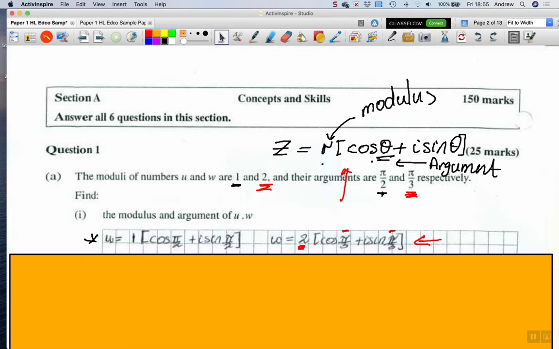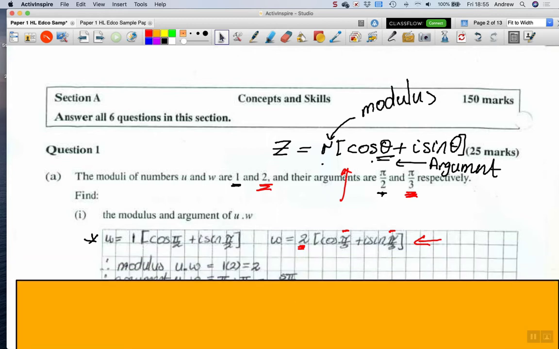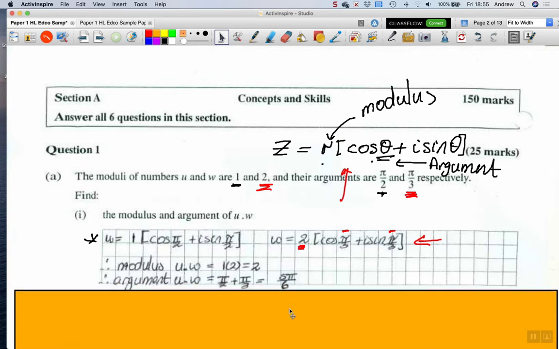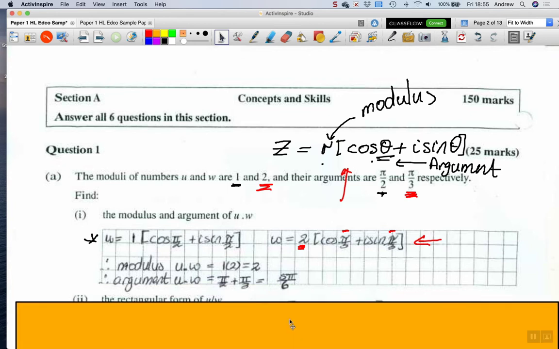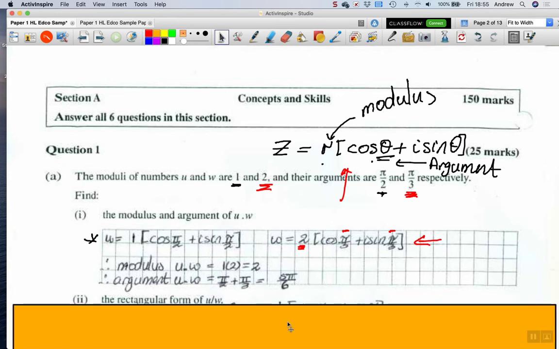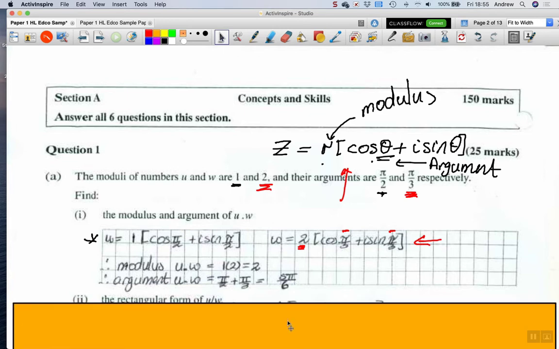Because the hint in the question was to write it in modulus and argument form, we know that there is a formula which says to find the modulus of a product, you multiply the two moduli together. To find the argument of a product, you add the two arguments together. So therefore we've got that, and consequently we can then use this to find the modulus and argument.